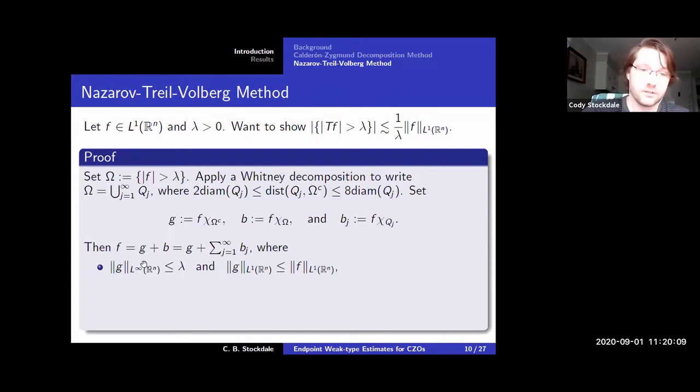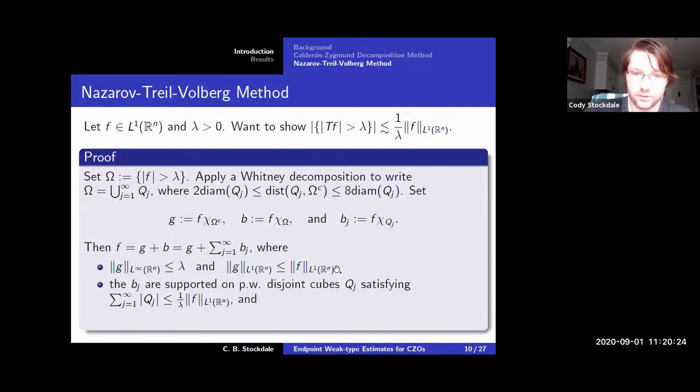So in particular, we have the L infinity control of G, which is easy to see because we're on the complement of omega. So this inequality here goes the other direction. And there's no implicit constant here anymore. So it's less than or equal to lambda. And you have L1 control because of the restriction of F. We still have this property that the support of B is going to have good measure, meaning bounded above by 1 over lambda times the L1 norm of F. And that's just looking at this and using Chebyshev's inequality.